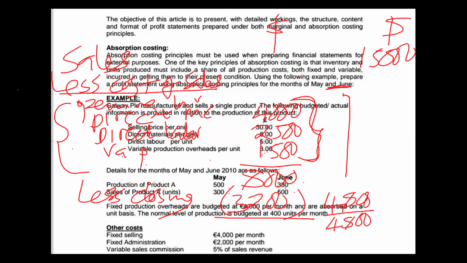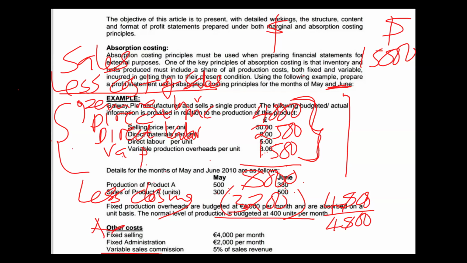Then to this figure, you add the non-production variable costs, such as the sales commission. Sales commission is said to be non-production variable cost because it doesn't happen in the factory. It is not happening in the factory. That's why we say it's non-production or non-factory.